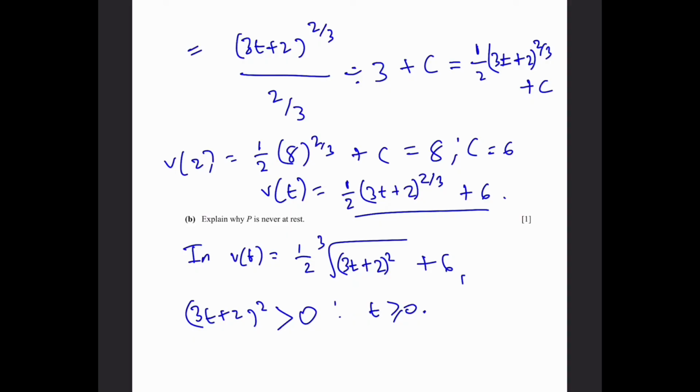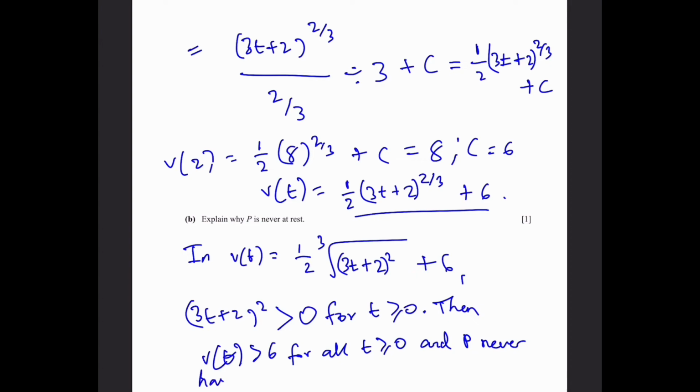So, since this function is greater than 0, then v of t is greater than 6 for all t greater than or equal to 0, and p never has velocity equal to 0, and therefore p is never at rest. That's our answer. Now you can go to part C.